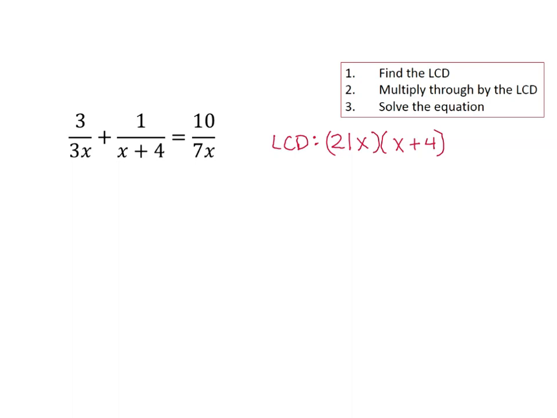So I'm going to take each term and rewrite it and multiply by the LCD on top.